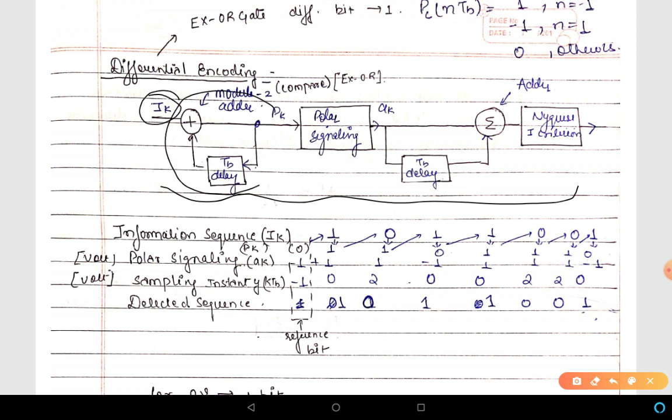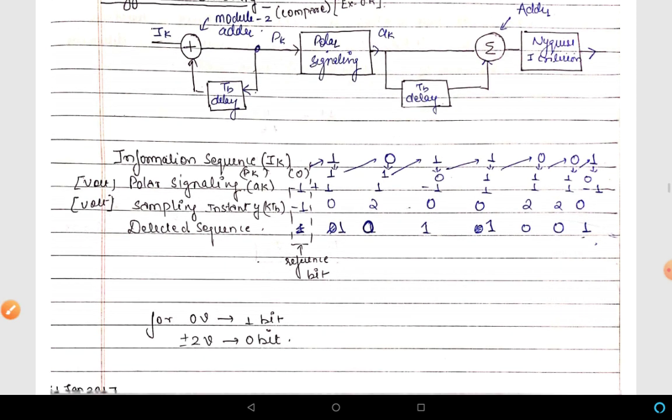This scheme is basically for producing the Nyquist second criteria pulse. So how does this differential encoder work? The decision at a sample value that is 0 is independent of the nature of the previous bit.